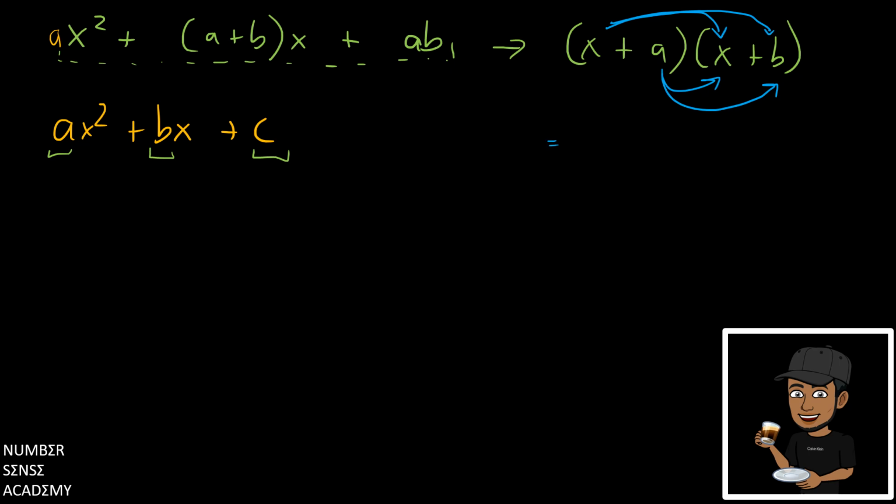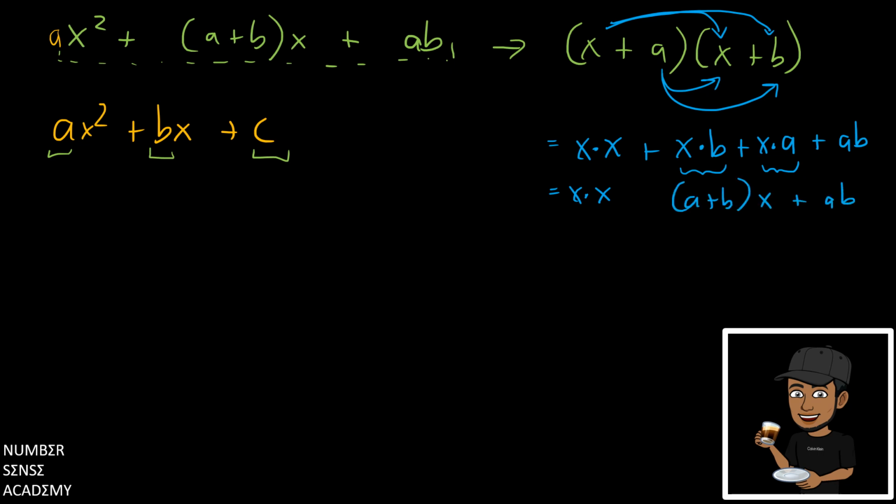So I get x times x, then x times b plus x times a plus ab. So this is x times x, but this has an x in common, so it's going to be a plus b times x plus ab. So in expanded form, this is what I have.